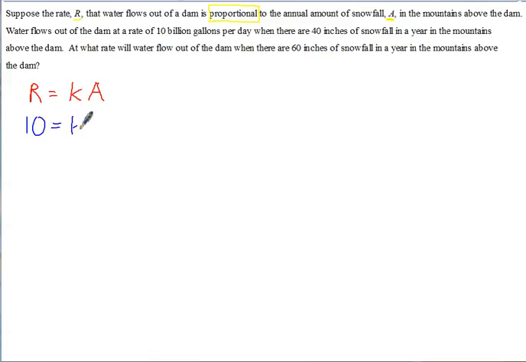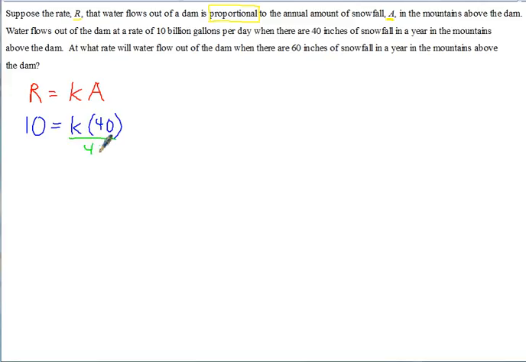And we don't know the proportionality constant, but we know when R is 10 billion, that's when there are 40 inches of snowfall in the year in the mountains. And that's what A represents. A is 40. So once you have one data point here, you can use it to solve for the proportionality constant.